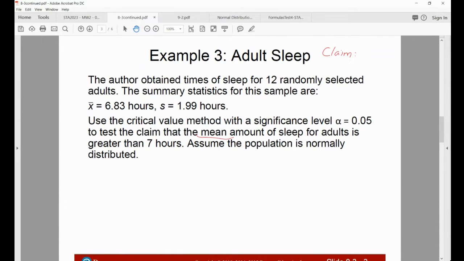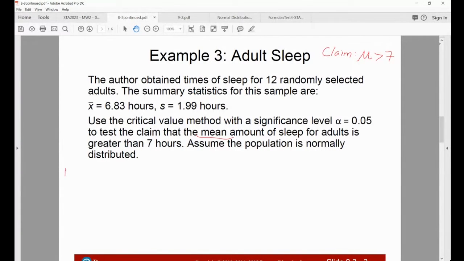This is not a proportion, it's not a percentage, it's not a probability, it's a mean. So if it's a mean, we're gonna use the notation for mean, the Greek letter mu. So what's the claim? That the mean is greater than 7 hours. So that's the claim in symbolic form.